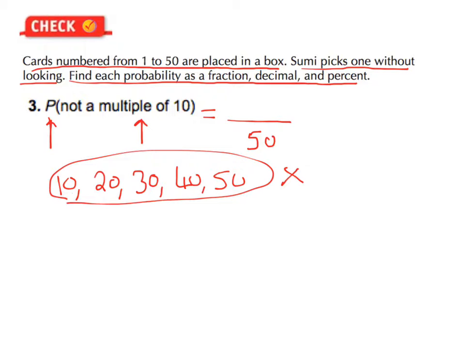So 45 over 50. If you simplify this as a fraction, it's going to be 9 over 10. If you write 9 over 10 as a decimal, it's going to be 0.9. And as a percentage, it is going to be 90%.